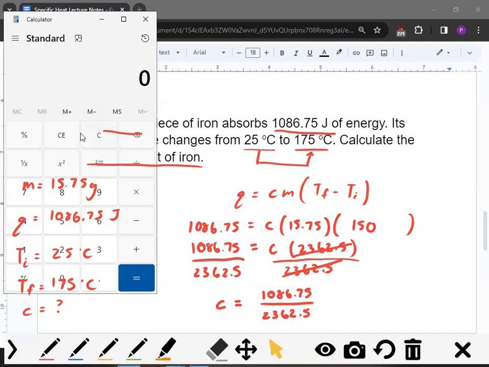Okay, final answer is 0.46. So to heat up 1 gram of iron by 1 degree Celsius, you need 0.46 joules of energy. That's pretty much what our calculations are telling us.